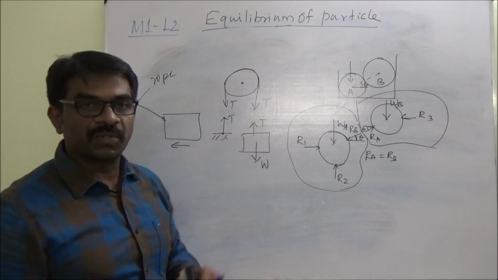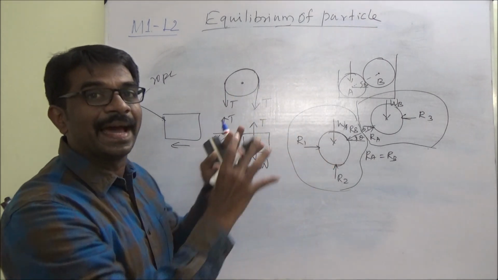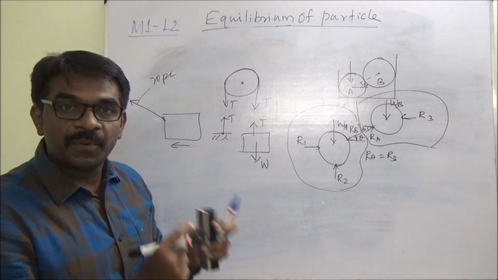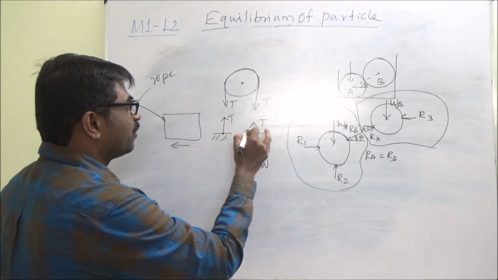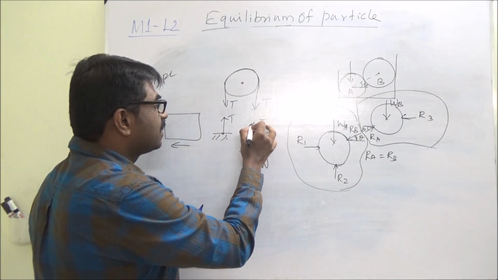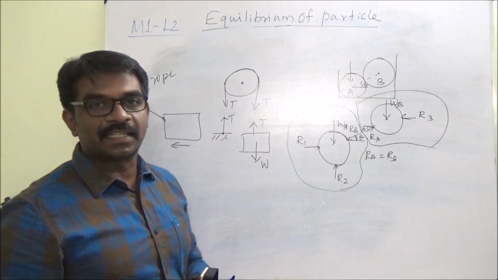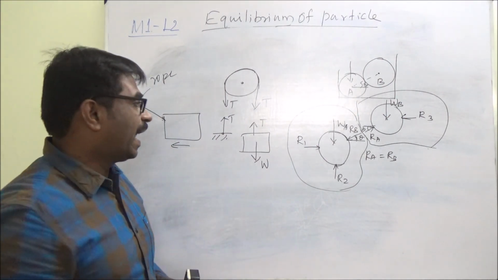Here the weight is equal to the tension. So wherever you see a rope, you can put, blindly, the direction of the force, the sense is that it is pulling the body. Okay, the tension is being active.